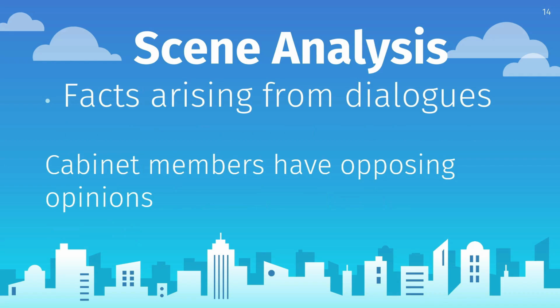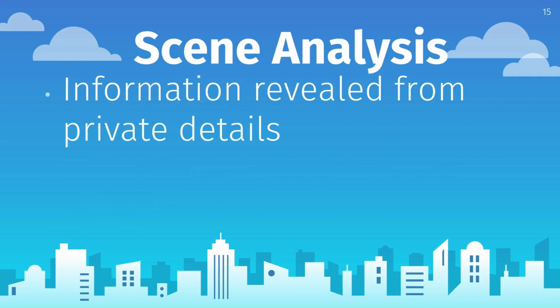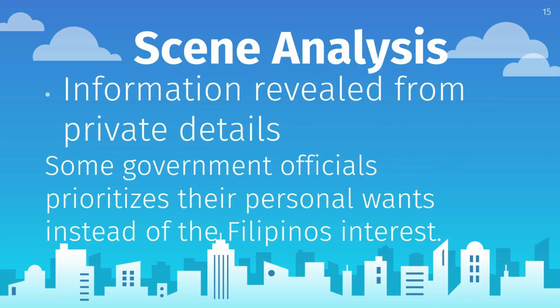And from those dialogues, we do realize that some government officials back in the day prioritized their personal wants instead of the Filipinos' interest. And that is the main reason why the protagonist, General Luna, is so angry at the time. Just like what he said, why are you even thinking about yourself while your countrymen are being enslaved?